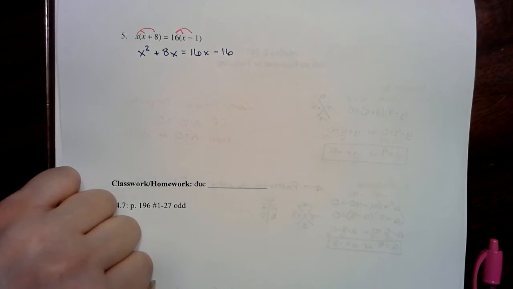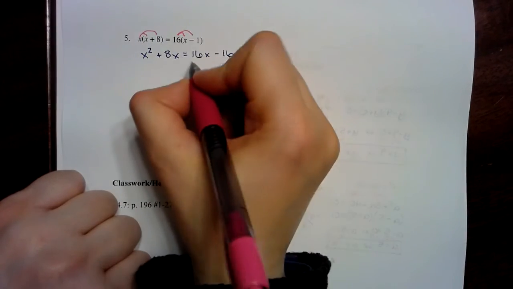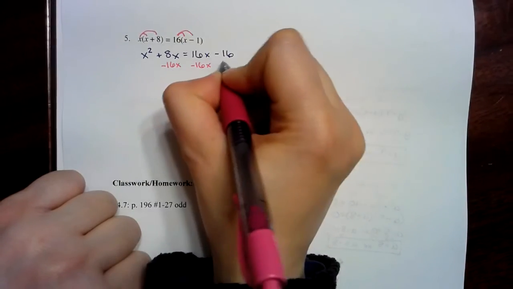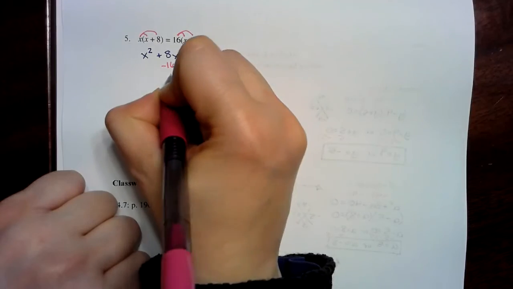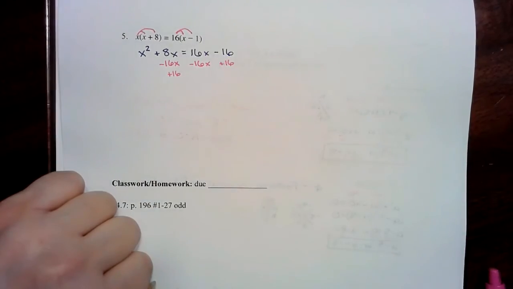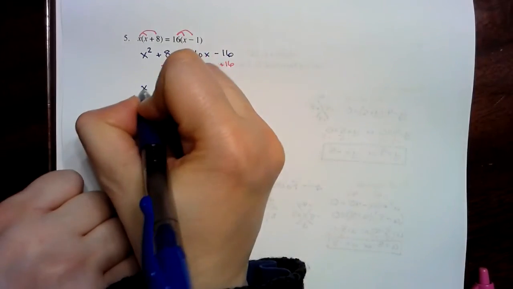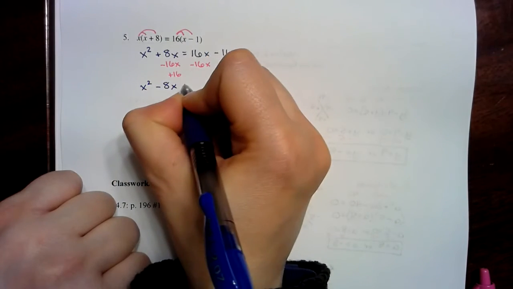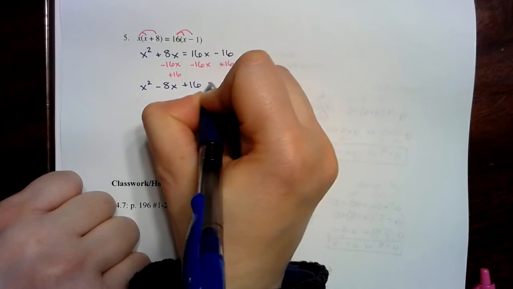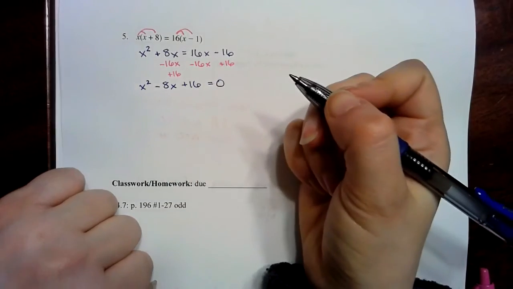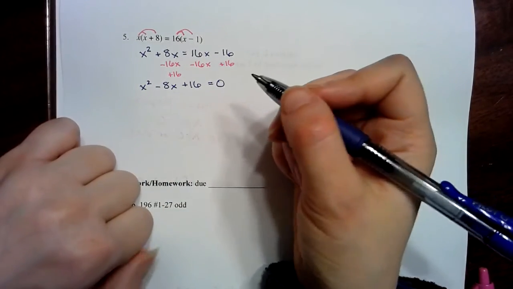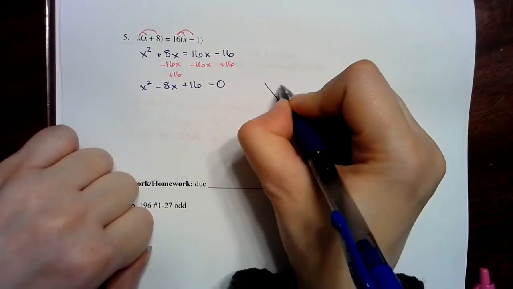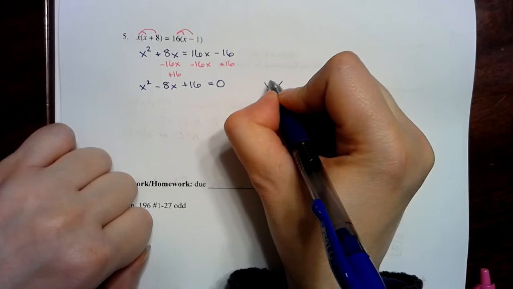And now that I've multiplied it out, I can subtract 16x from both sides, add 16 to both sides, and I'll get x squared minus 8x plus 16 equals 0. And now I have this to solve by factoring.